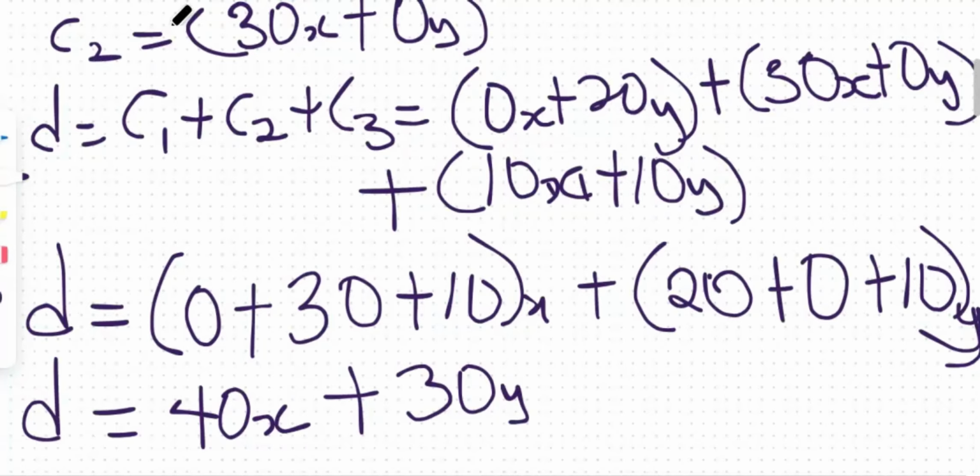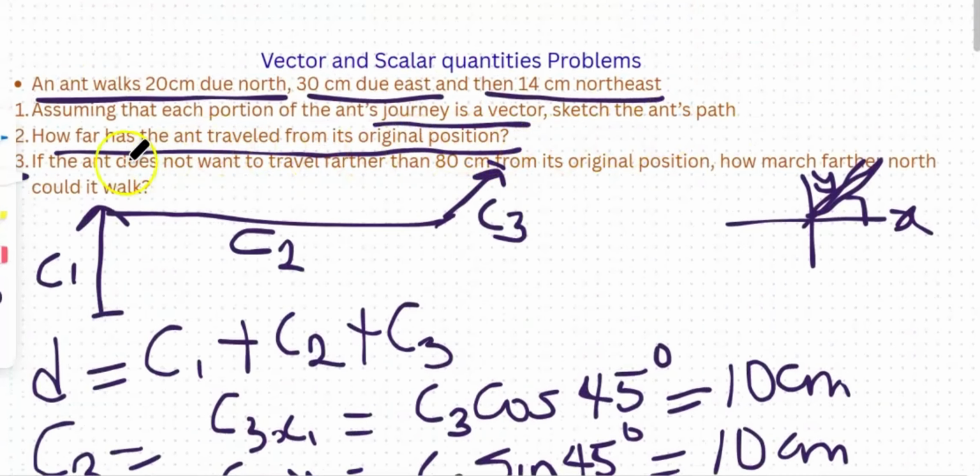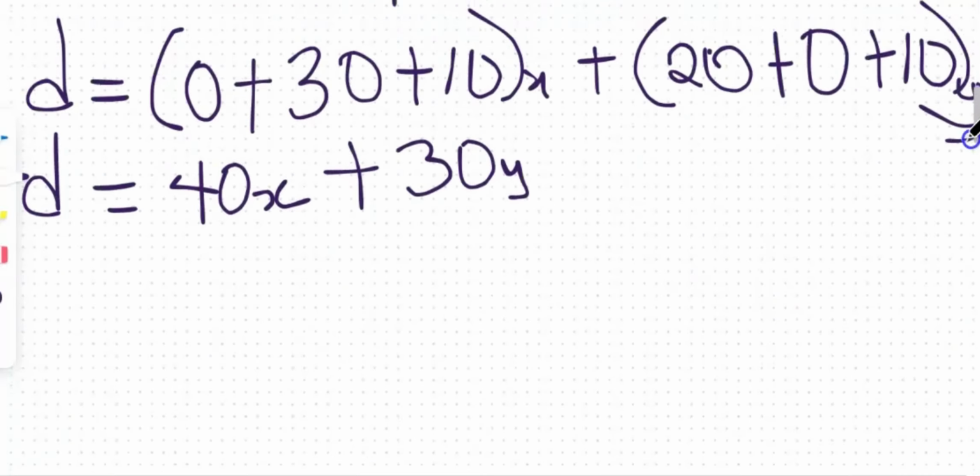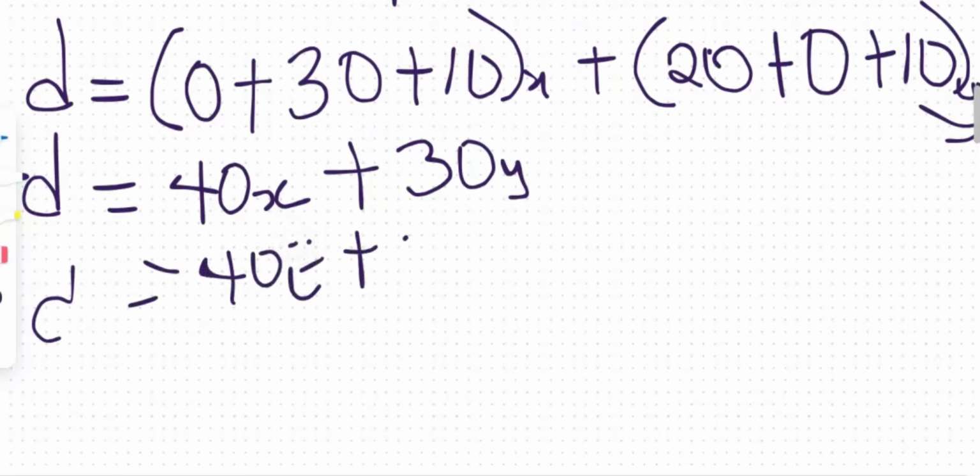It says, how far does it travel from its origin? And we're looking at it as a vector. Instead of calling it x and y, vectors would be the i and the j. So the d is 40i plus 30j.